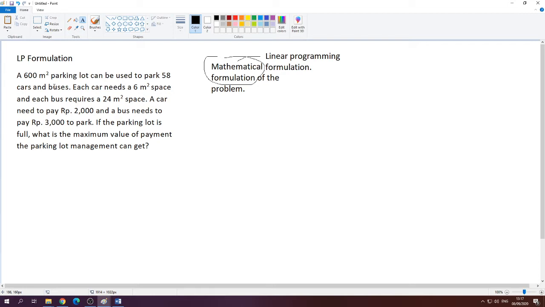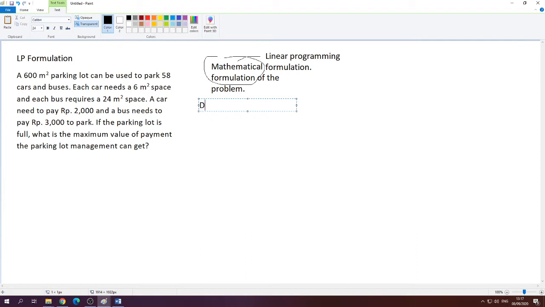Okay, so the thing that we're going to do is translate this problem into a linear programming statement. When we want to formulate a problem into a linear programming statement or model, or any type of mathematical model, the first thing that we need to do is to state what we call the decision variables.